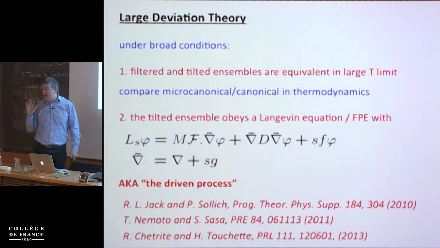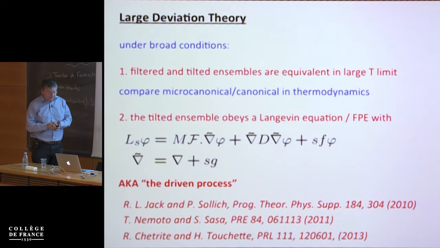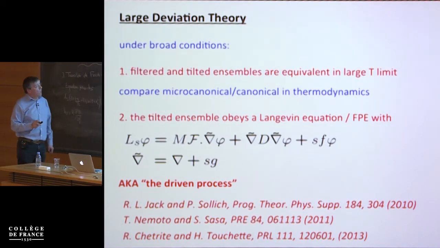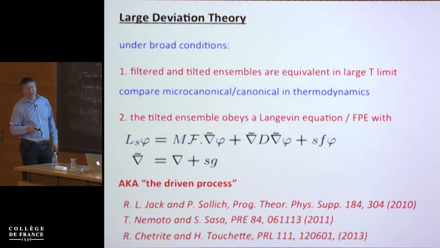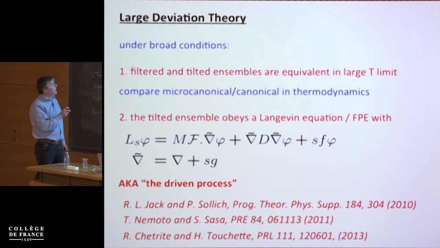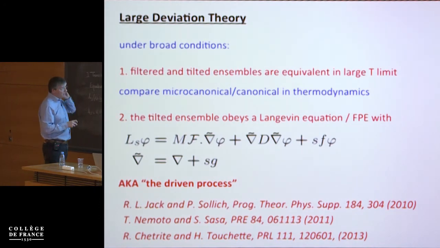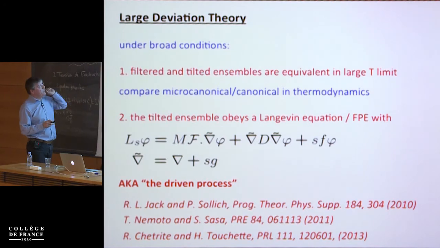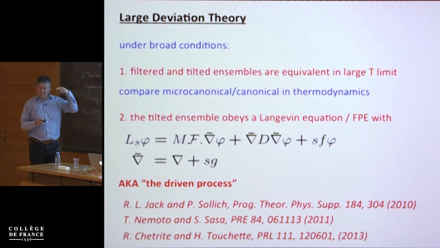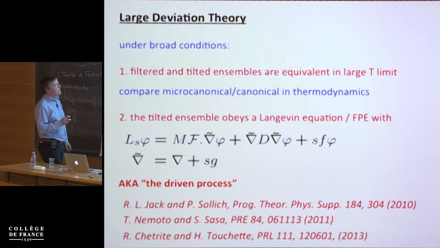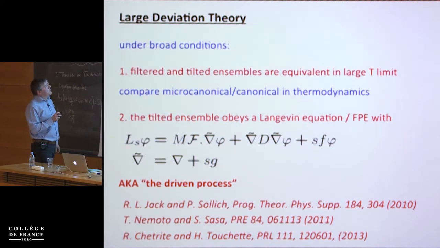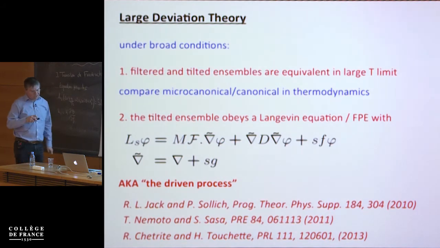And much more interestingly, the tilted ensemble has a Langevin equation or Fokker-Planck equation of its own. So, and here it is, this again is just a formal statement. If I know the time evolution operator for the main ensemble and I know the bias nu, which define these functions f and g here and here, then this is the operator, the time evolution operator with that funny gradient term that creates the tilted ensemble.